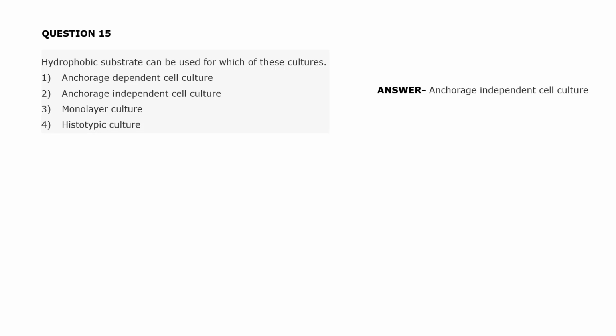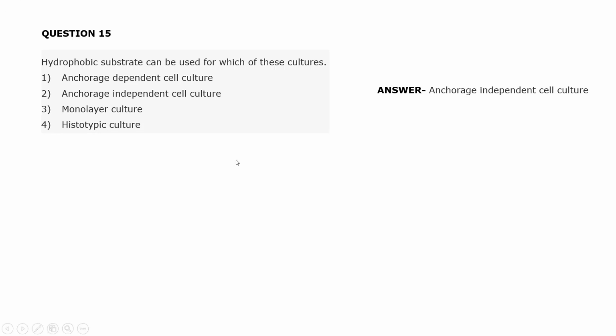So if you look at the first option, anchorage dependent cells require this particular extracellular matrix within the culture plate, which can be collagen or poly-L lysine, arginine, whether artificial or natural. As I said, these are hydrophilic in nature.